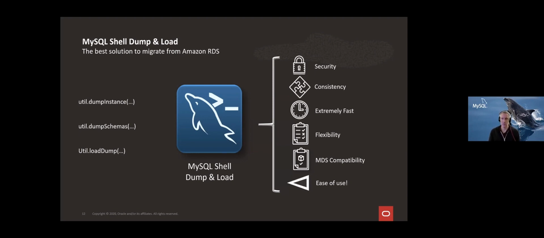But if you just want to dump a selected number of schemas, let's say one specific schema or a few specific schemas, then there's another specialized function, dump schemas, where you identify the schemas that you want to dump and load into the MDS.